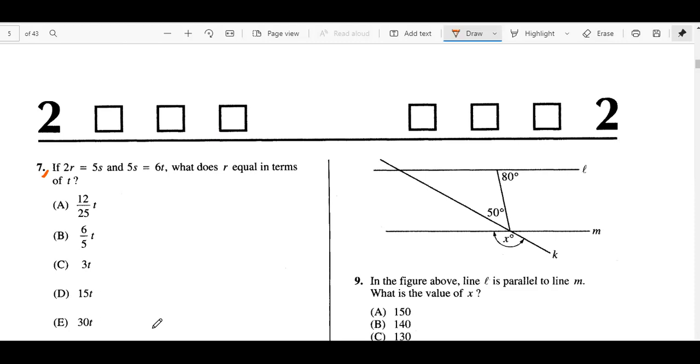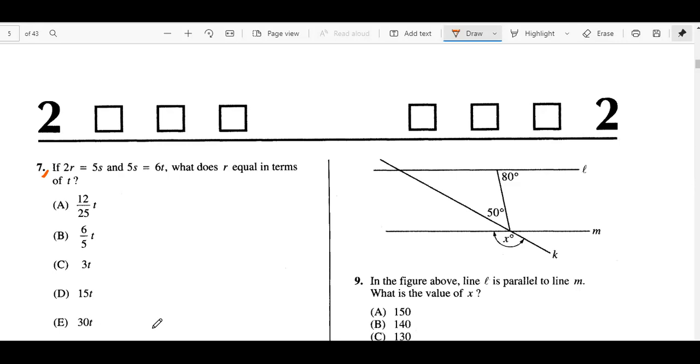Wait, I'm doing it. Yeah, sure, sure. Very good, excellent. Very good, Zahib.